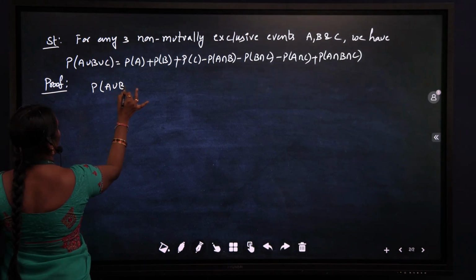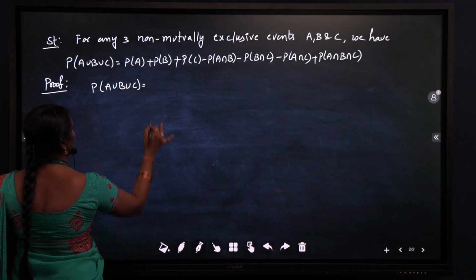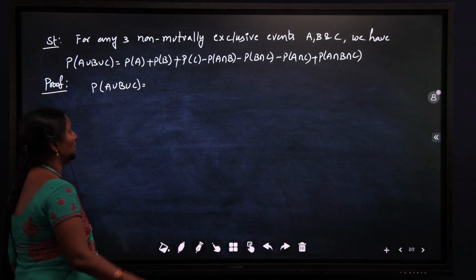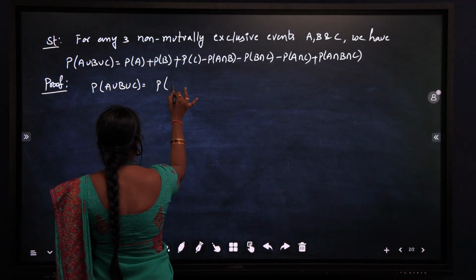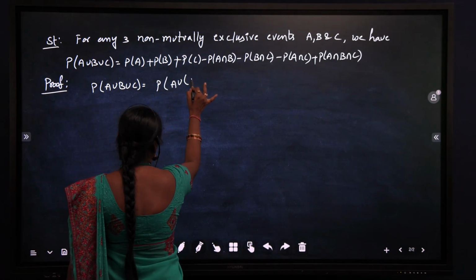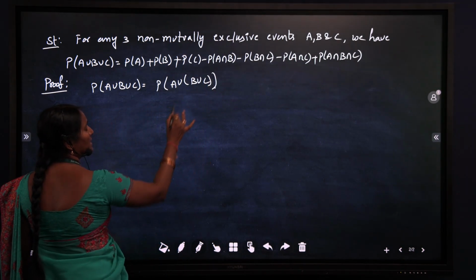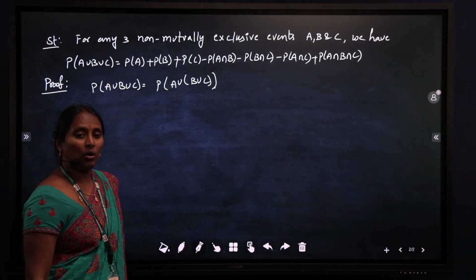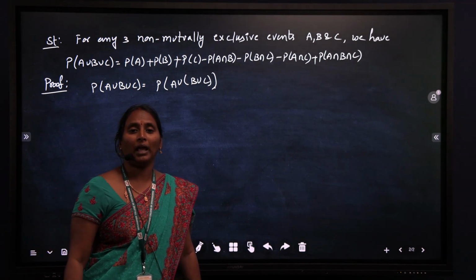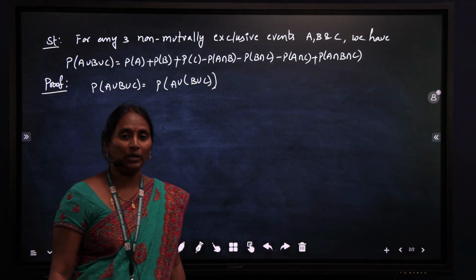We are going to write this as P of A union B union C. This is what you are going to write, P of A union (B union C). So when you assume B union C as the second event, we already studied the theorem for A union B. What is P of A union B?